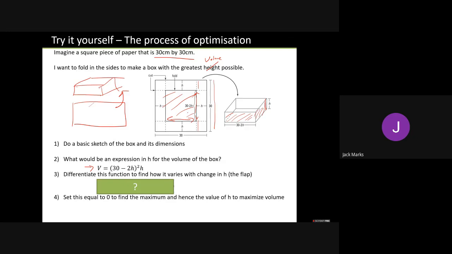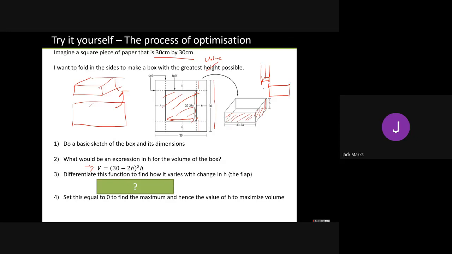Now, there must be a perfect height for this box, because if you make it too big, you'll get a really, really small square at the bottom, but it will have a really, really big height. But if you make it too small, then you'll have a box with a very small height on it.